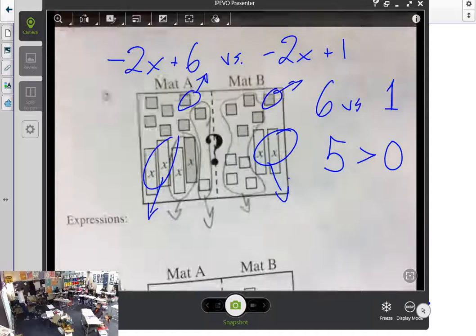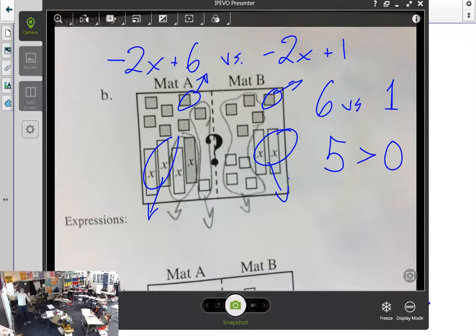Mat C. We should be getting better at this. Make 0 pairs, then cancel out balanced pairs.